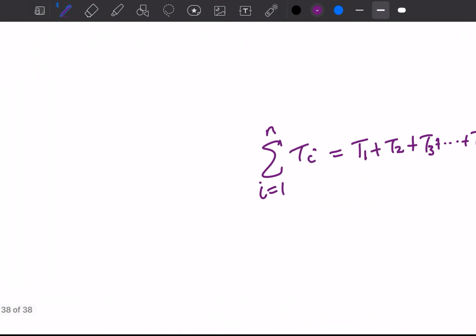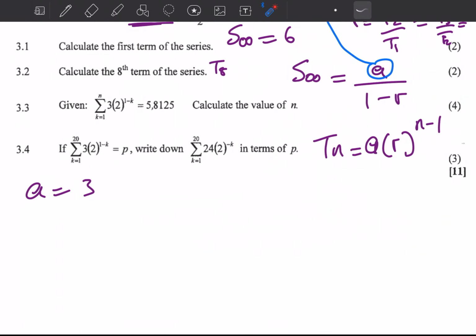So this is what you just learned. You've learned that the sigma notation is just basically a symbol of sum. So you're just adding whatever it is in here. So if it's Ti, that means you start from 1, T1, T2, T3 until Tn. That's basically what it means. So this as well, we can simplify it like that. So let me rewrite it.